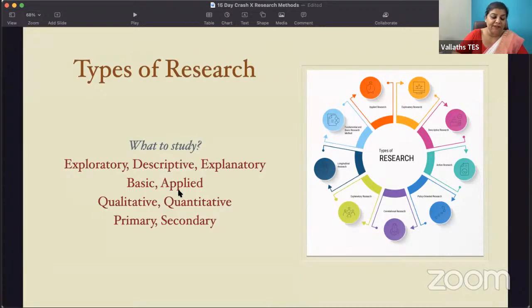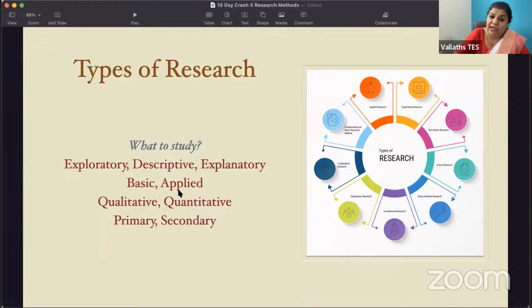What is qualitative research? Qualitative research is about understanding deeply an issue. Quantitative research is about the numbers, the quantity, the statistics. In English departments, again, we do more qualitative research.